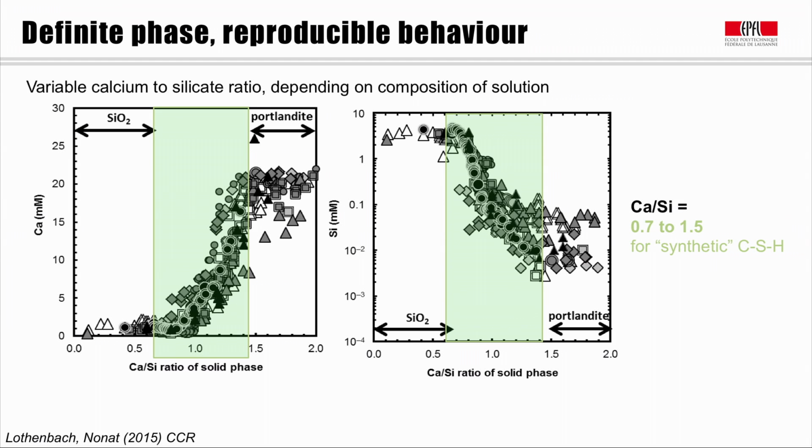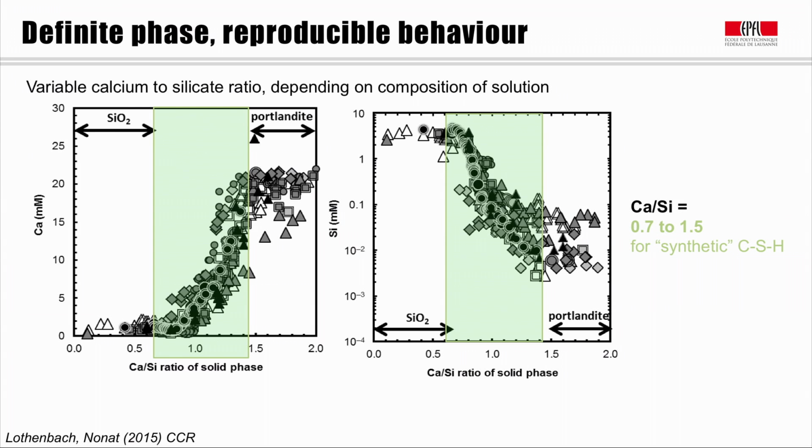The other very important thing on this slide is that we have a variation in the calcium to silicon ratio of the CSH depending on the composition of the solution. This variation is shown by the green boxes on these graphs.